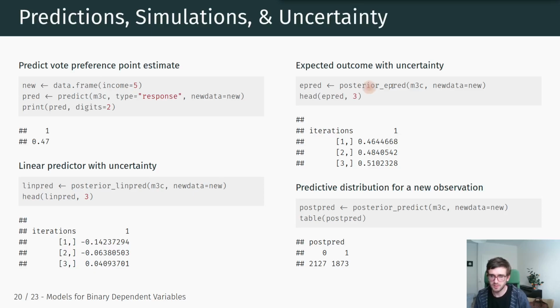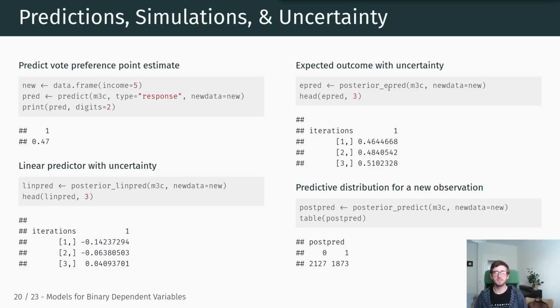We have posterior_epred for the expected outcome with uncertainty, as well as the predictive distribution for a new observation using posterior_predict. Okay, and in the OLS context, we talked about the comparison between posterior_predict and posterior_epred, to take into account different levels of uncertainty, right, between just predicting averages versus predicting individual observations, which incorporates more uncertainty, right?